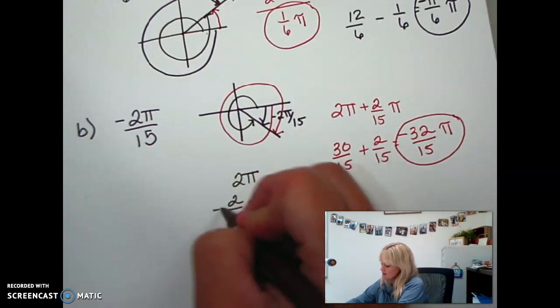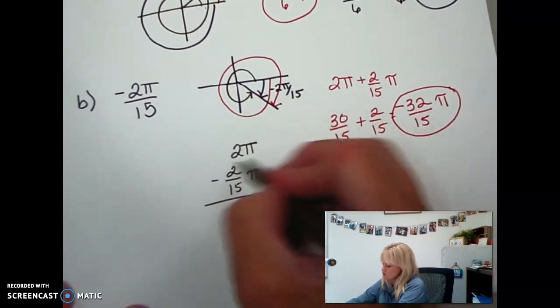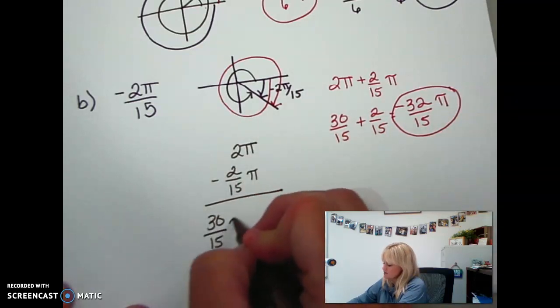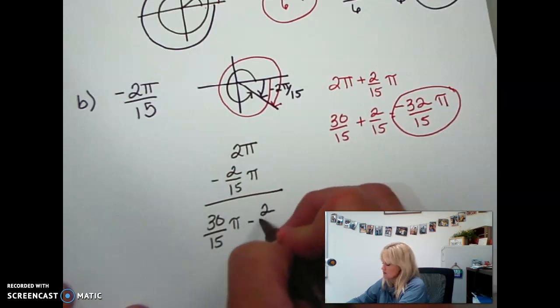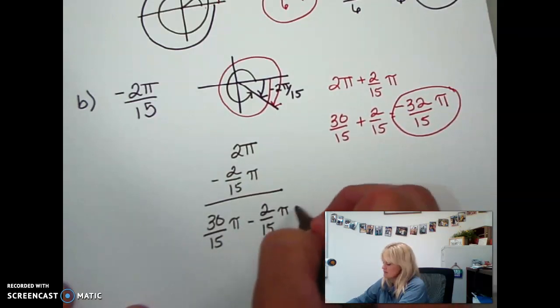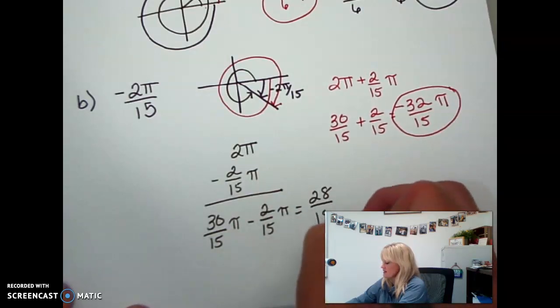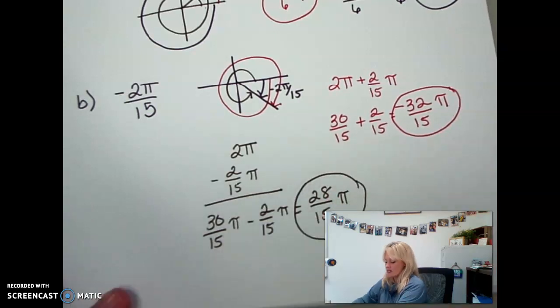So again, using your calculator or understanding fractions, 2 pi is the same as 30/15, because 30 divided by 15 is 2, minus 2/15. 30 minus 2 is 28/15. I cannot reduce that anymore. I went in a positive direction, so it is a positive coterminal angle.